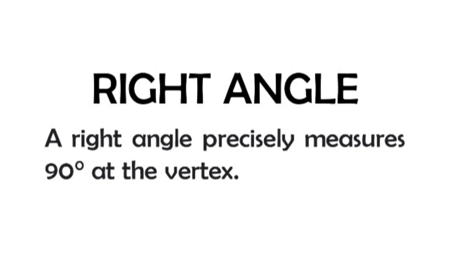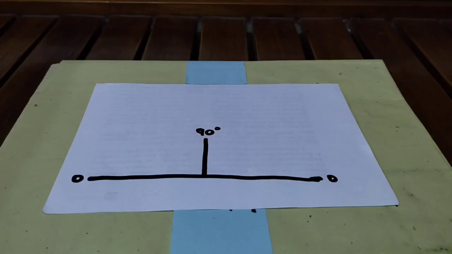A right angle precisely measures 90 degrees at the vertex. This kind of angle is very simple because it only measures 90 degrees at the vertex. Nothing more, nothing less.